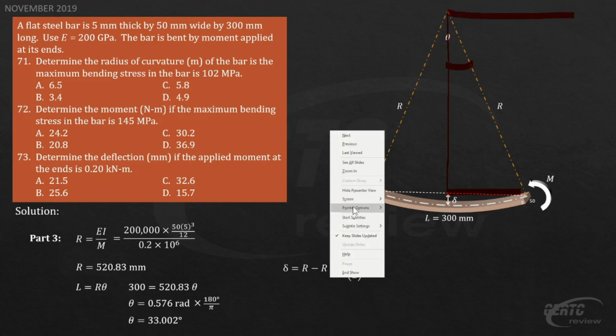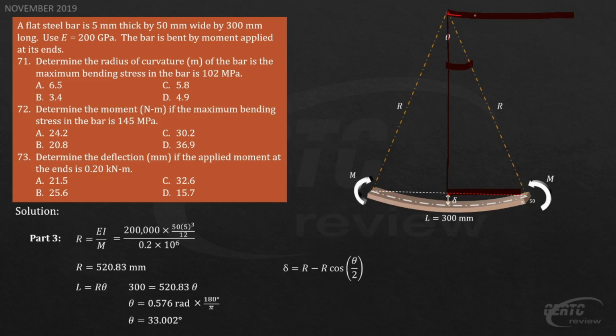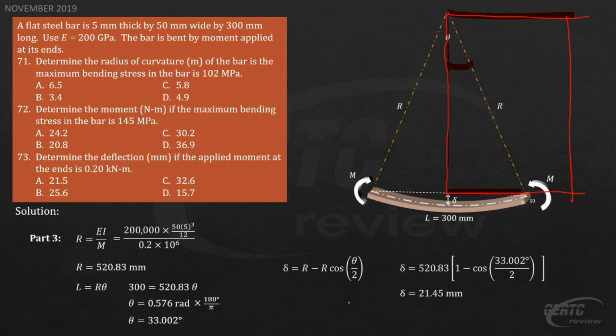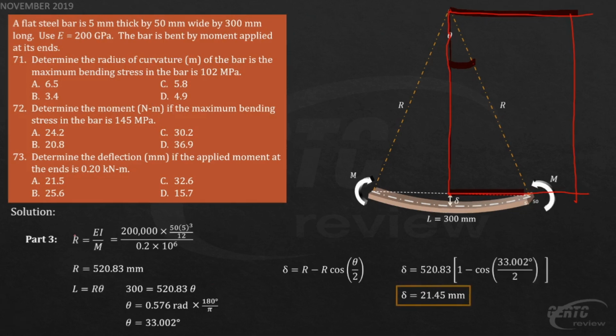That will be from here up to here. Ito yung R cosine theta. Itong height na ito. So, R cosine of theta over 2. Substituting the values, the answer is 21.45 millimeters. Okay? So, the answer is letter A. Ayos pa?